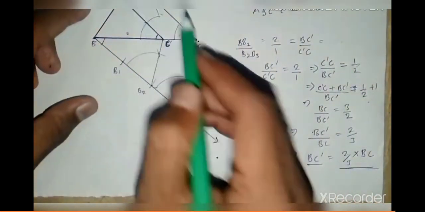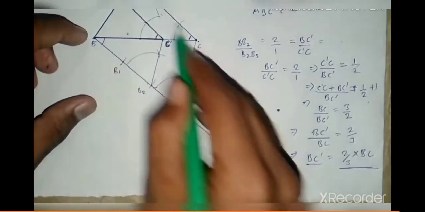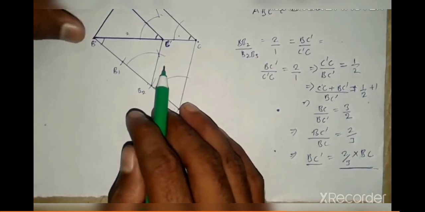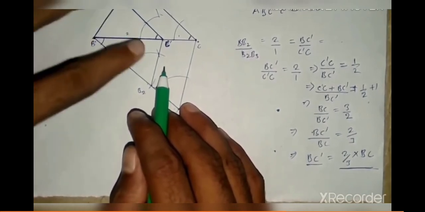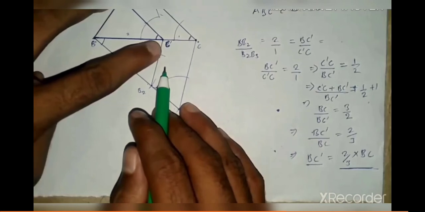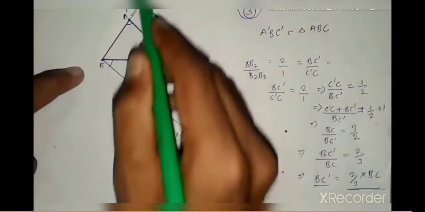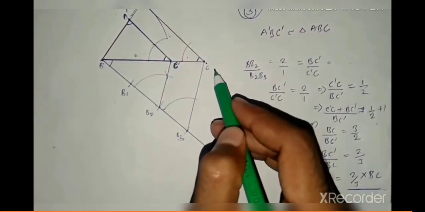In the same way A dash E dash will be 2/3 of the AC, and the same way A dash B will be 2/3 of the AB. So A dash B C dash is a similar triangle of the given ABC.